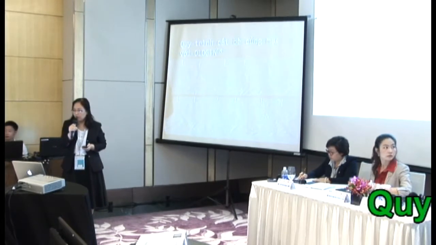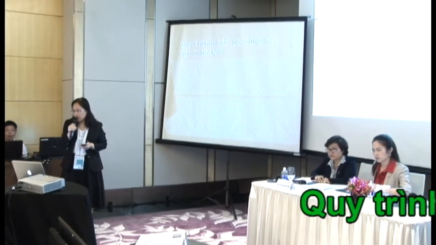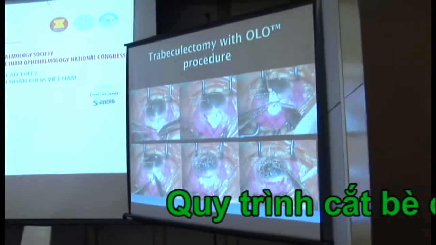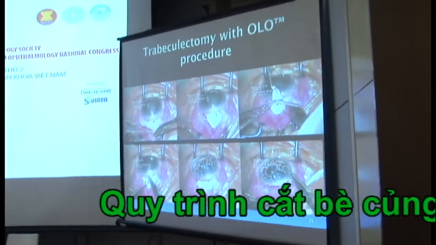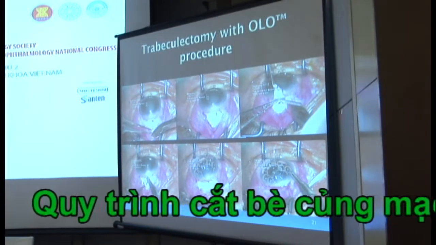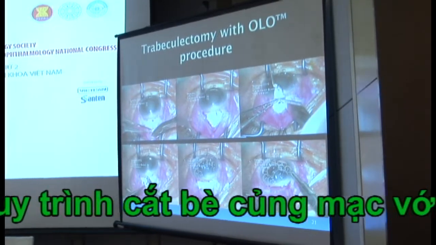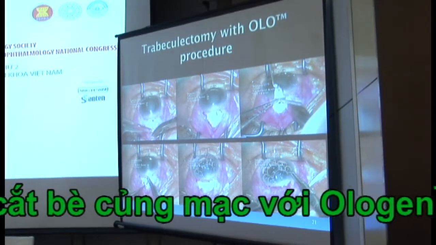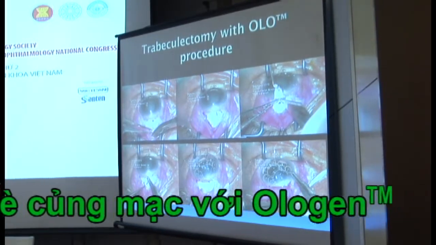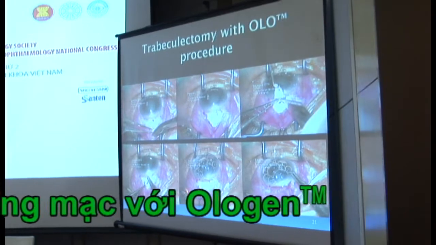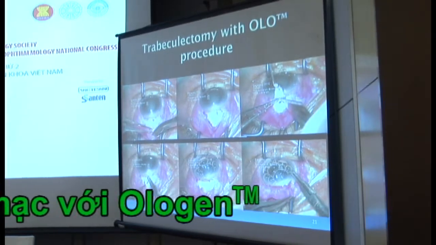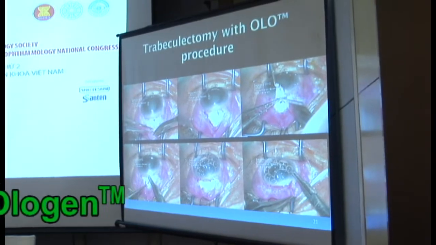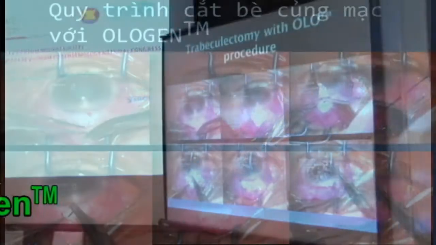This picture shows you the trabeculectomy with Ologen procedure. Firstly, make the fornix-based conjunctival flap, next create the scleral flap, and then do the trabeculectomy and peripheral iridectomy, suture the scleral flap, put the Ologen on the scleral flap, and next suture the conjunctiva.